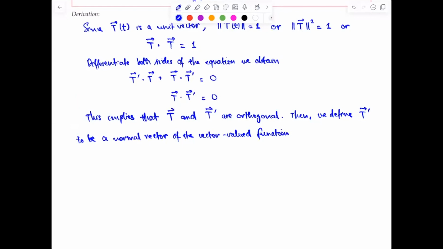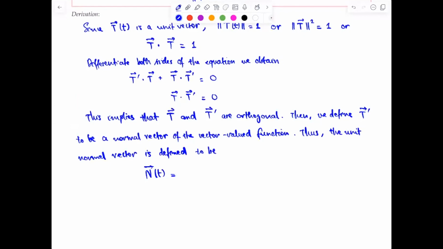And thus the unit normal vector is defined to be capital N of t, right?